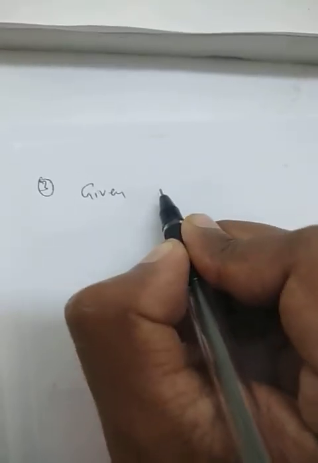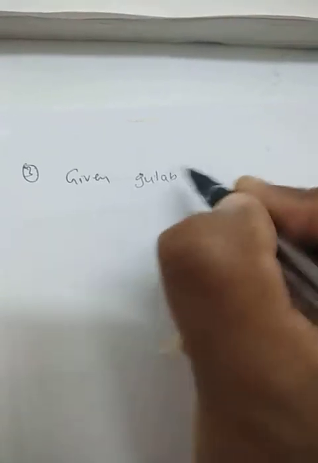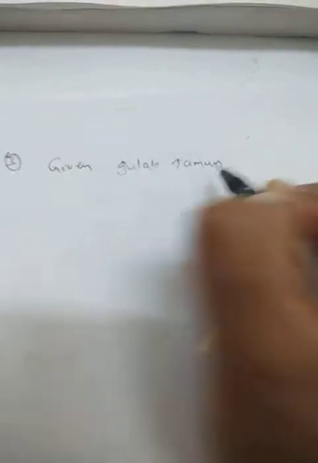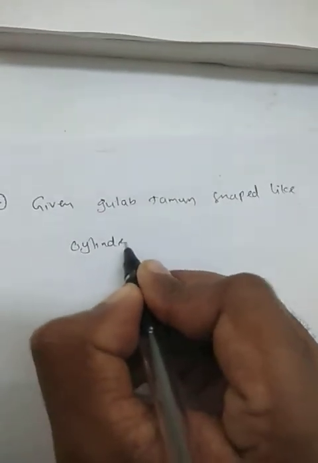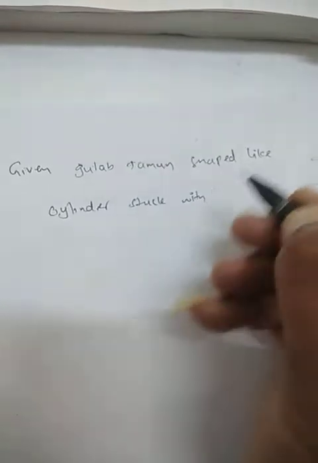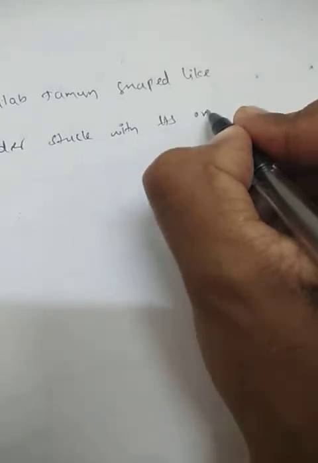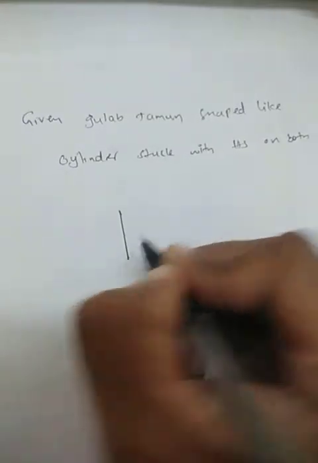First, the given gulab jamun is shaped like a cylinder stuck with a hemisphere on both ends, like this.